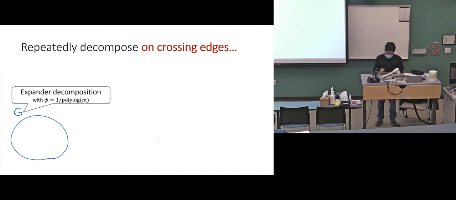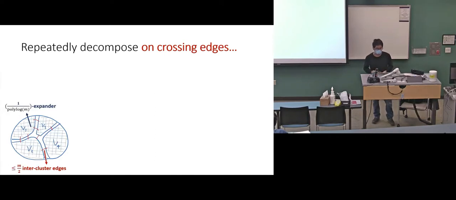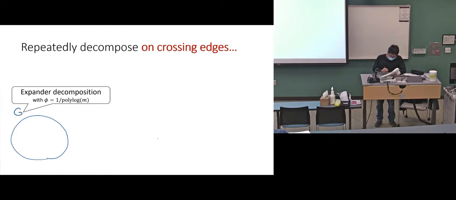Right, so imagine that you have just some graph. What will happen if I just try to apply expander decomposition on this graph? Well, you will get something like this. Let's say that I set phi to be small enough, let's say 1 over polylog.